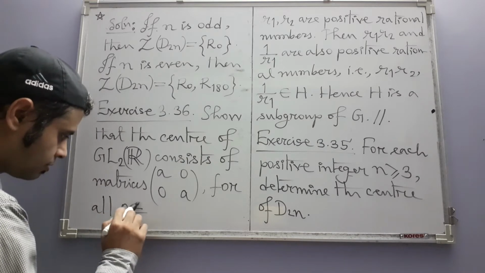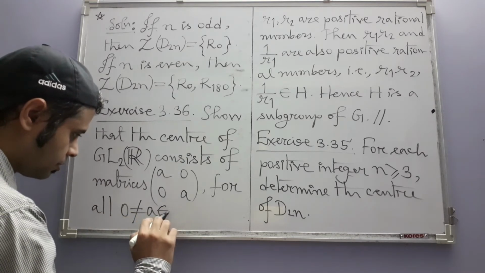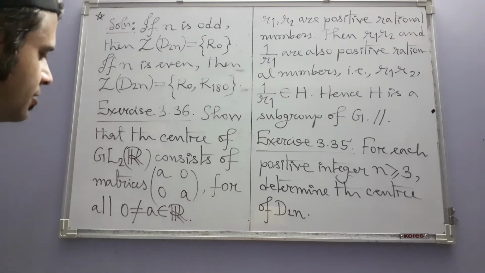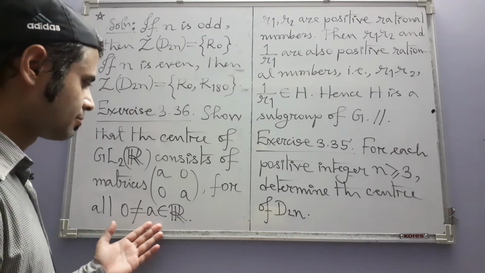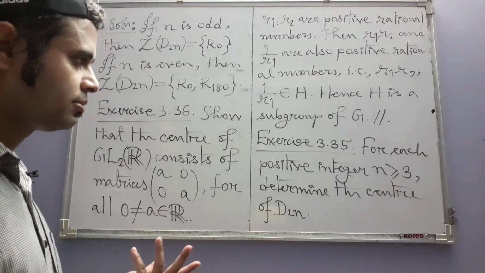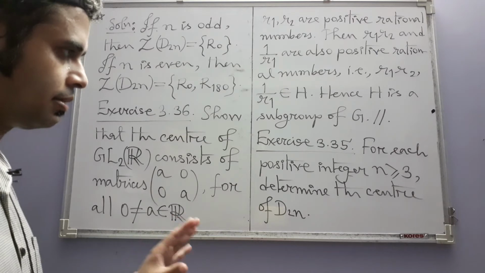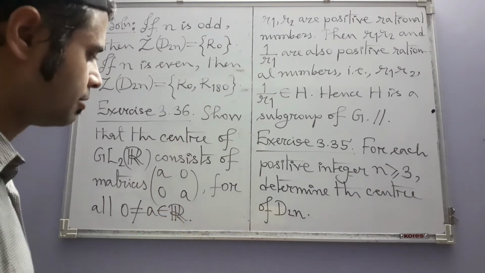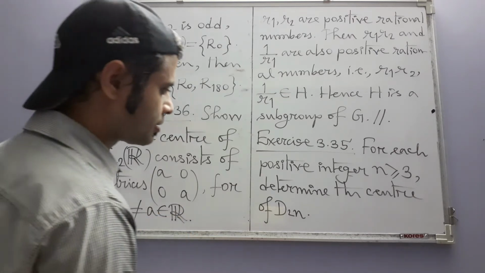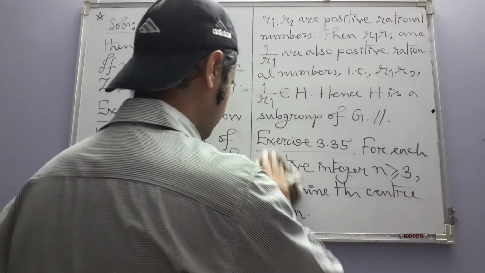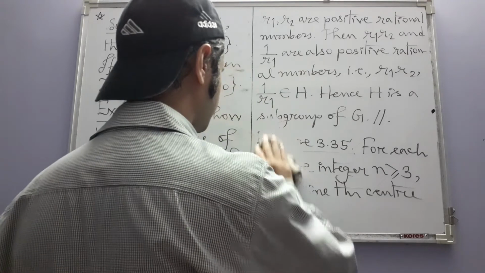For A not equal to 0, A belonging to the reals. Okay, I remember something. You see, Herstein is very casual, at least in writing that text known as Topics in Algebra, to the point that some statements are simply wrong if one thinks about it.